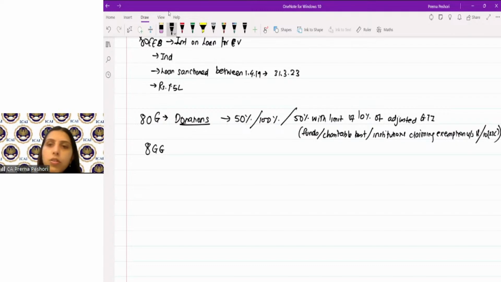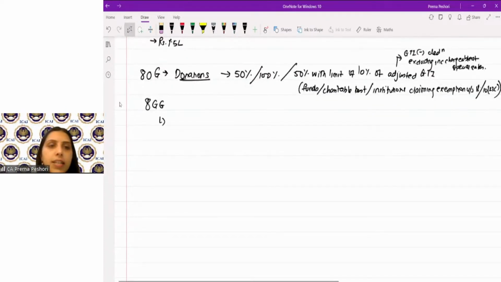Right? What is adjusted GTI? Gross total income less deductions, excluding income chargeable at special rates. Right? Okay.